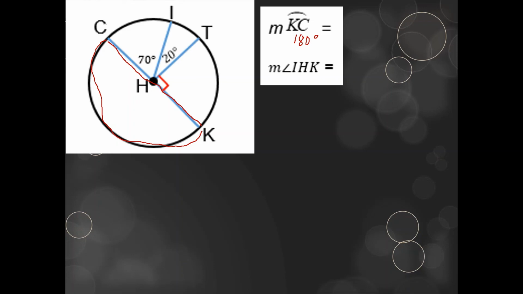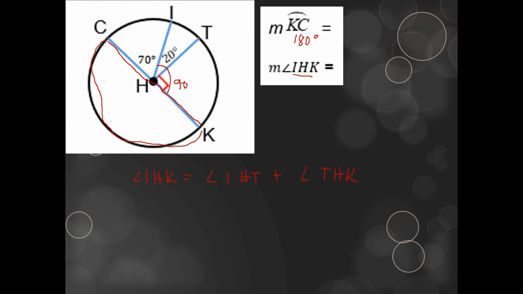And the measurement of IHK, or angle IHK, is the sum of IHT and THK. THK measures 90. So we have the angle addition postulate that angle IHK is equal to angle IHT plus angle THK.